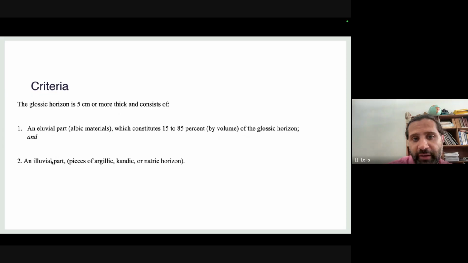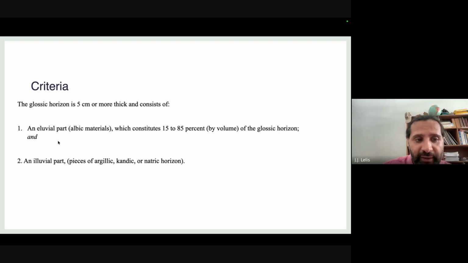So you can only identify a glossic horizon if you register both eluvial and illuvial parts. You can find an argic horizon without an eluvial part. You can find a cambic horizon without an eluvial part. You can find, it's harder, but you can even find a natric horizon without an eluvial part, okay? But definitely, to identify a glossic horizon, both should be there.